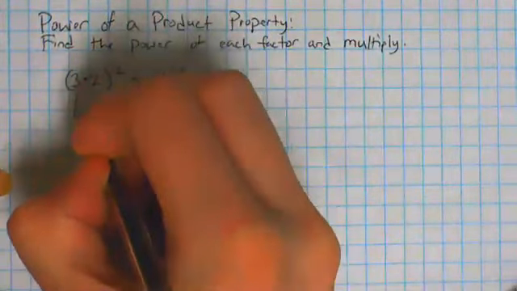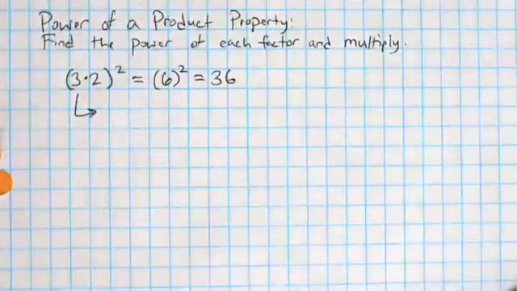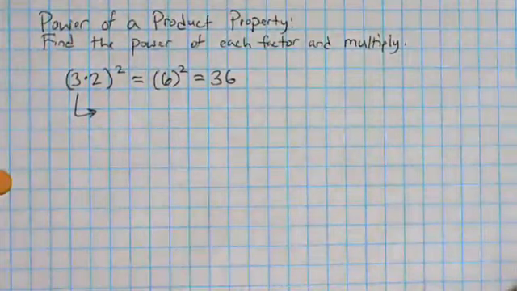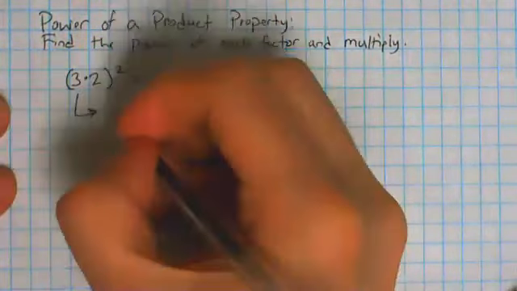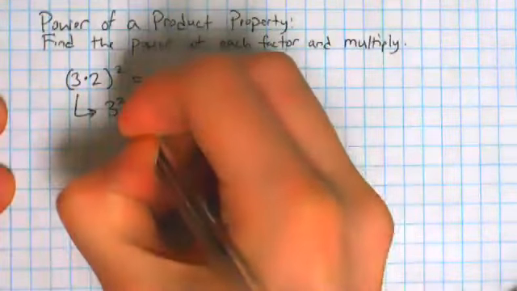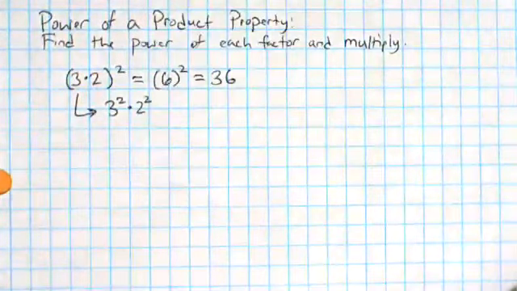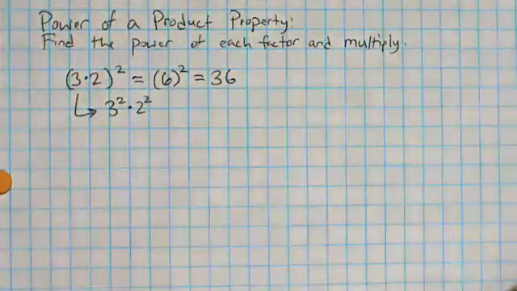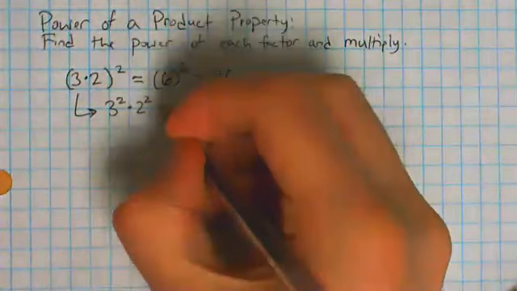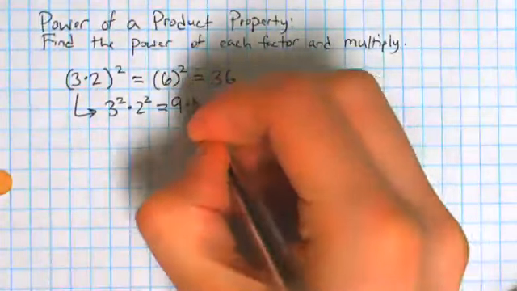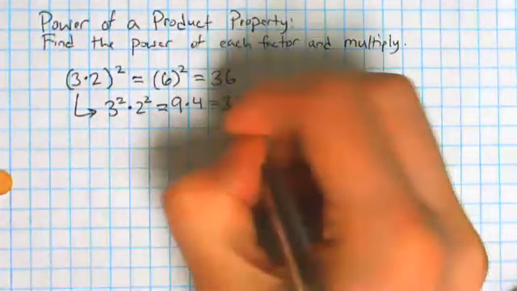So this is how we would use that. Rather than multiplying the two things inside the parentheses first, we're going to take each factor, each part of what's inside our parentheses, to our exponent. And what this looks like is we now have 3 squared times 2 squared. 3 squared is 9, and 2 squared is 4, and 9 times 4 is equal to 36.